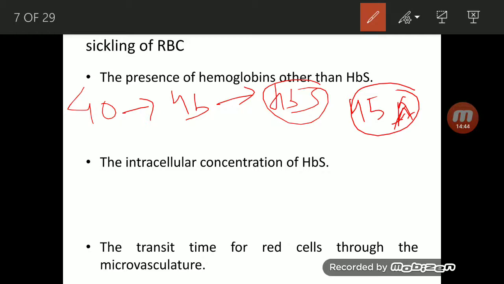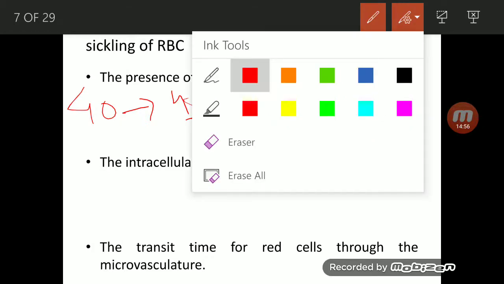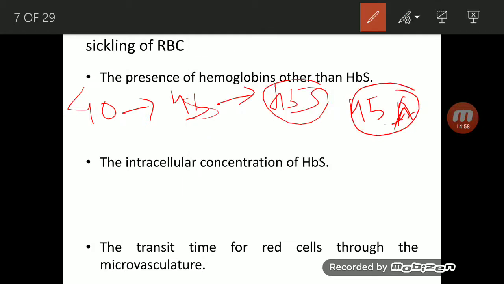And it has been seen that HbA, that is your normal hemoglobin, which has a pair of alpha and a pair of beta globin, interacts very weakly with HbS.